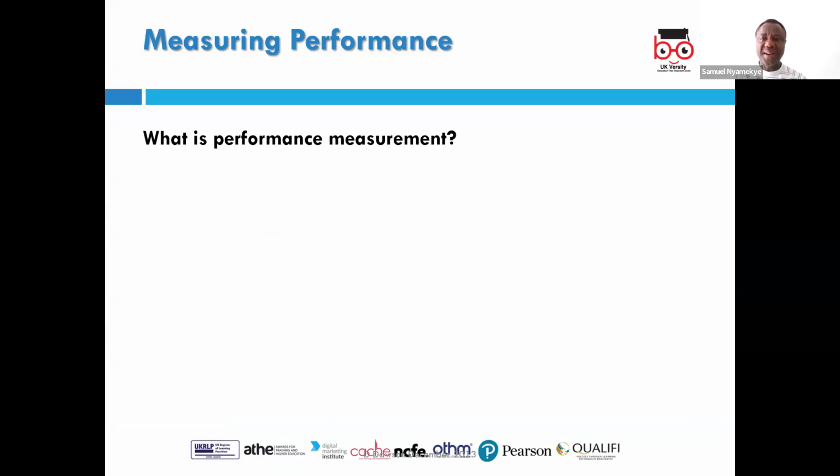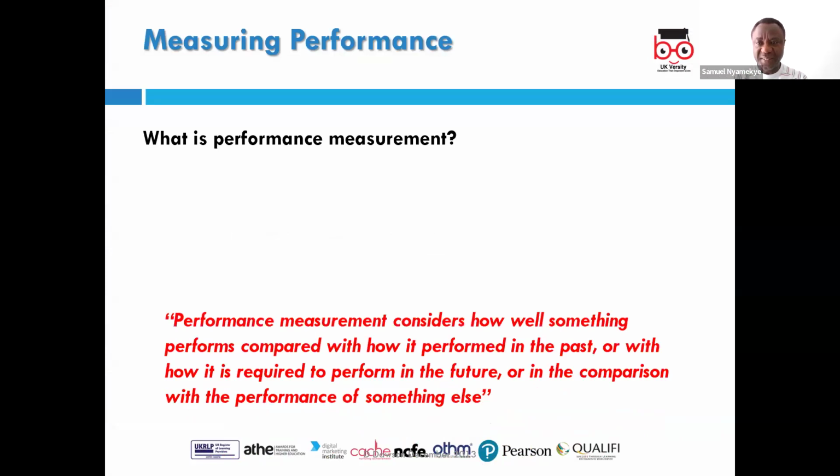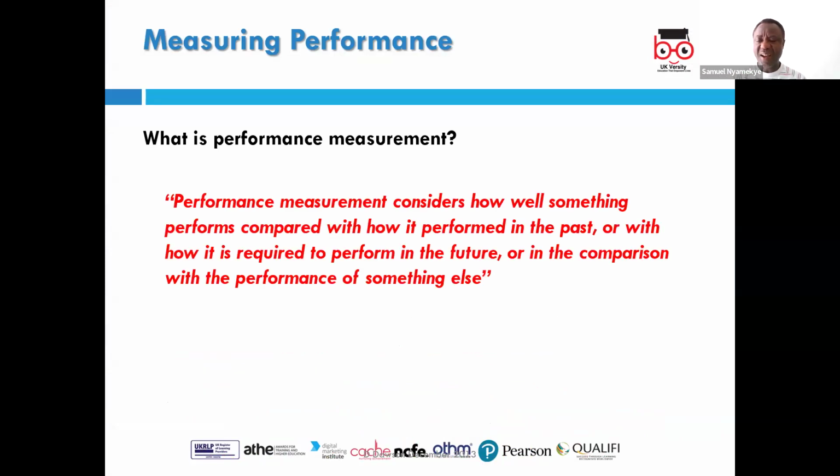We are looking at how you measure and review. So what is performance management? How do you review some of these things? What sort of system do we have in place that people are able to use to review their performances?